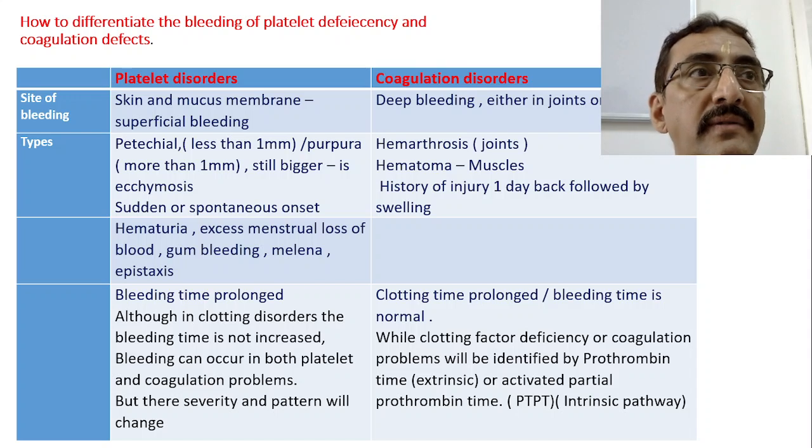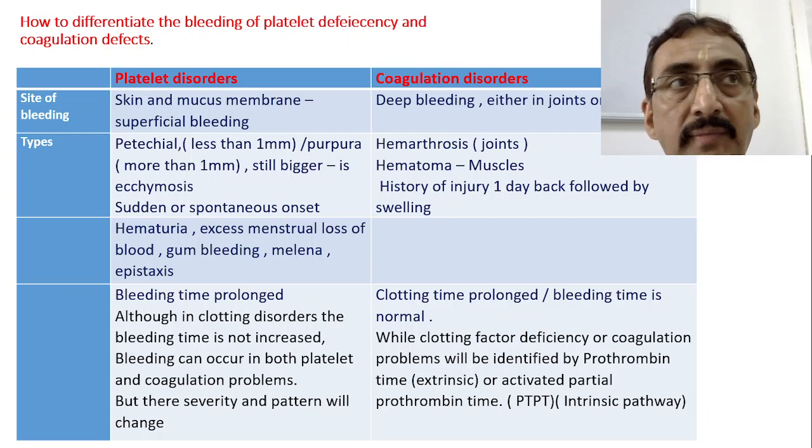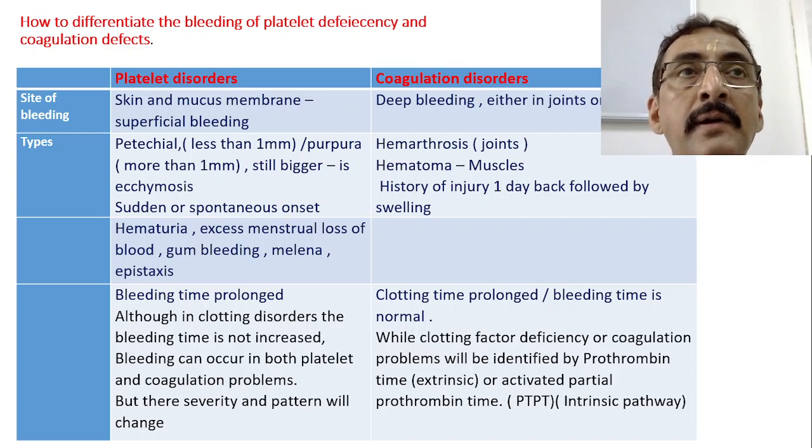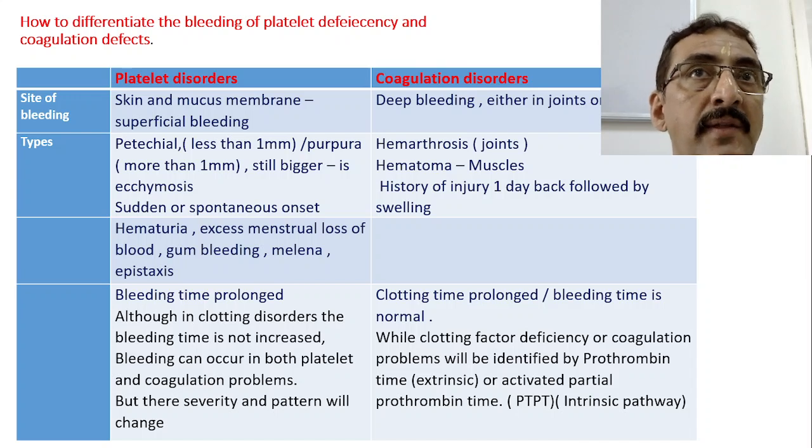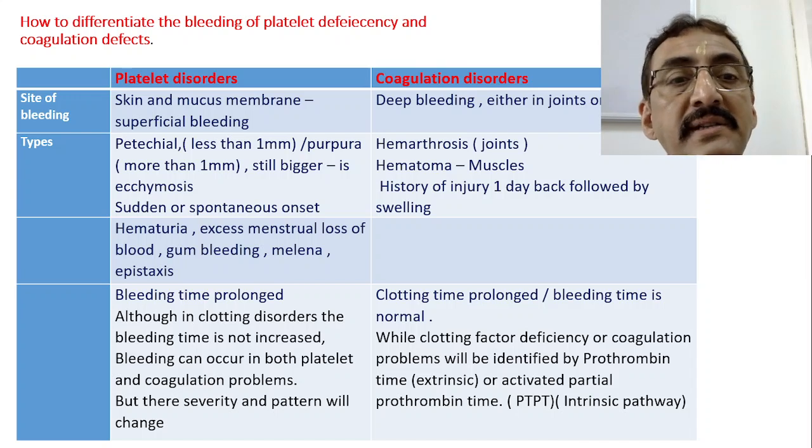The bleeding will be prolonged, because the arteries which are shed off have to stop bleeding, isn't it? But here the bleeding is not stopped because of platelet problems. So there may be gum bleeding, melena, stool mixed with blood, and even nasal bleeding, epistaxis. These are the other presentations of platelet disorders.